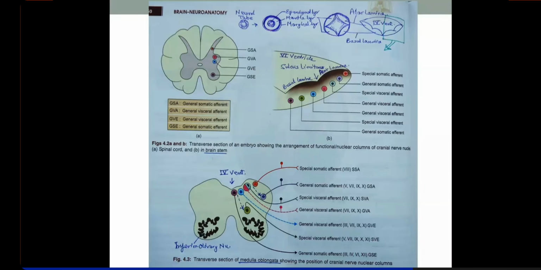And special visceral afferents will come through the 7th, 9th, and 10th cranial nerves. And what is the special sensation being brought from the structures derived from this branchial apparatus? The special sensation we are focusing upon is the gustatory sensation. It's a special visceral afferent sensation.